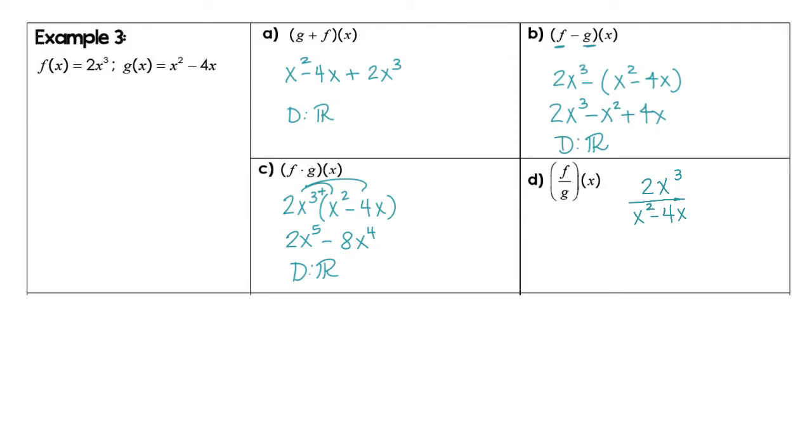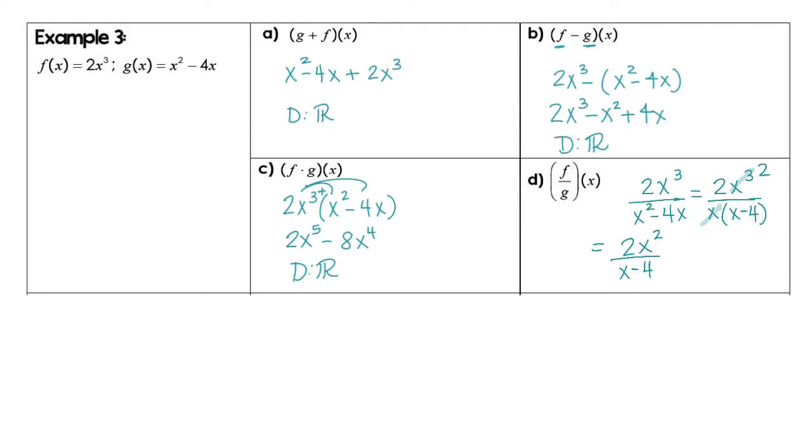Notice you have a common factor in the denominator, so let's go ahead and reduce that down. I'm going to factor out an x, and so that's going to leave me with x minus 4. And now from here we should be able to cancel these two, and so that's going to leave me with an x squared in the numerator. So our final answer here is going to be 2x squared over x minus 4.